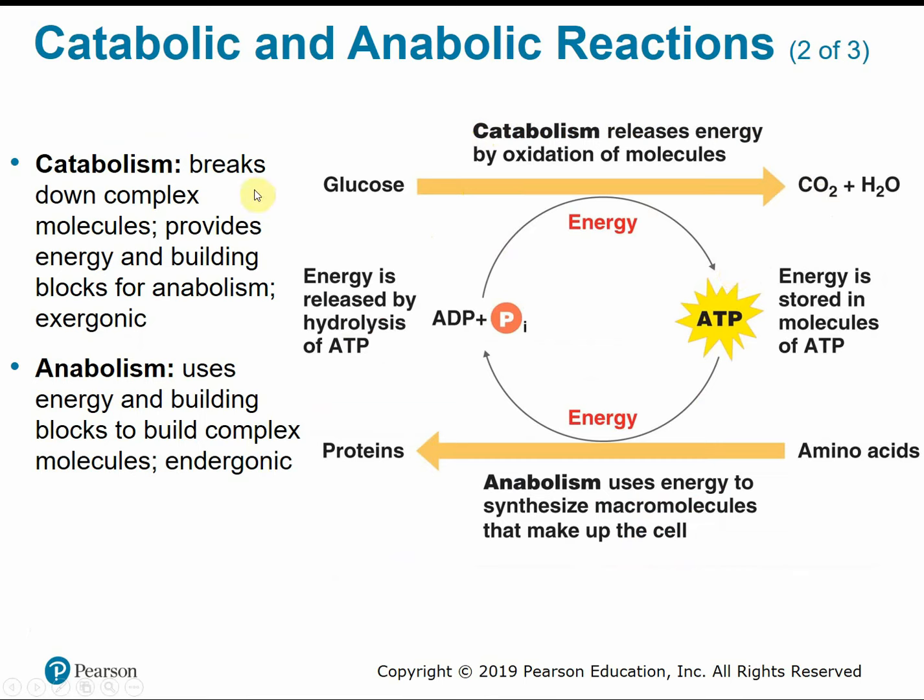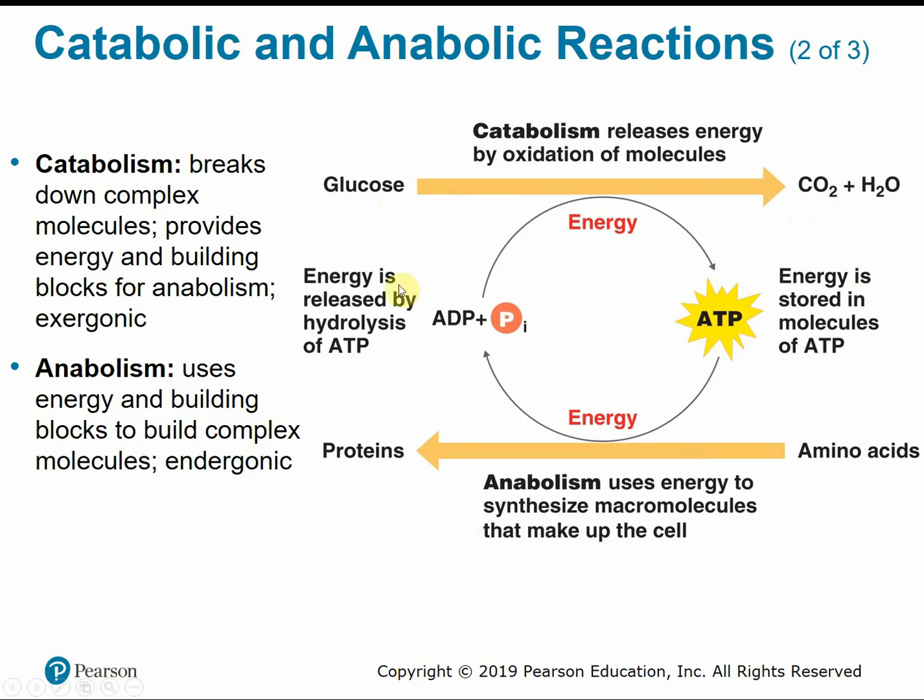Catabolism is a breakdown metabolism. We're breaking down more complex molecules into simpler, more basic building block molecules. These are going to provide the building blocks for our anabolic reactions.